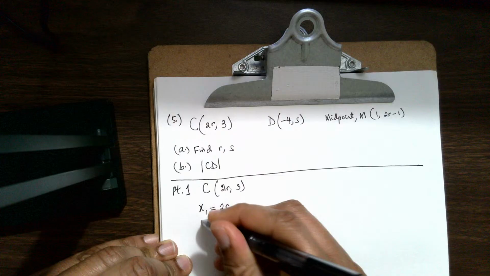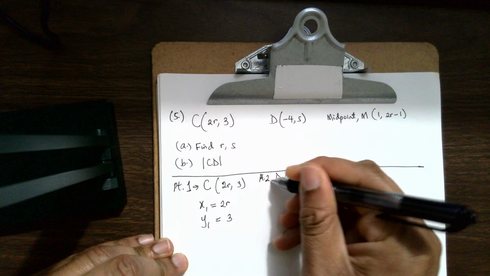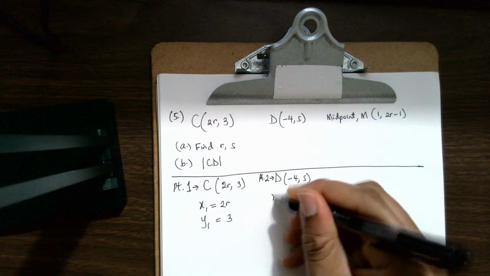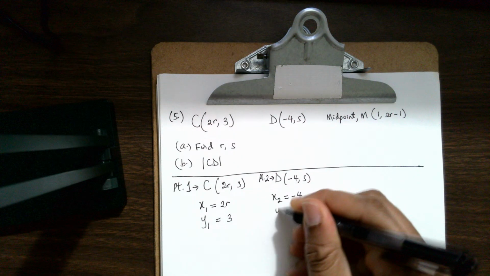Then point D is -4, s. This would be our point 2, so our x2 is -4 and our y2 is s. S as in Samuel.